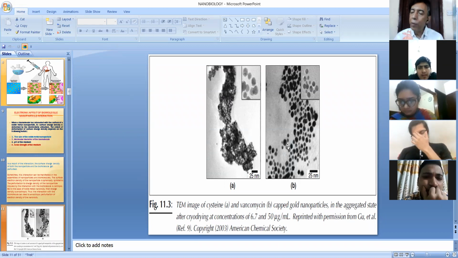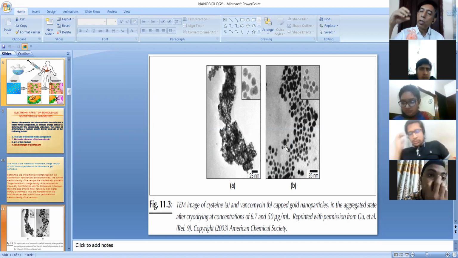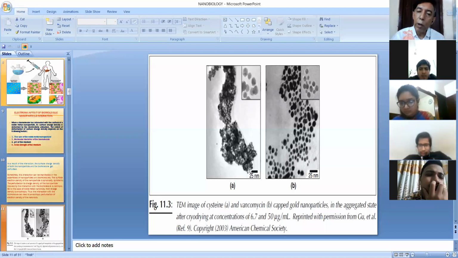To make a nanomaterial, you must keep them separated at nano size. If you agglomerate, it will be a bulk material. So the size of the biological molecule is also important. If the size of the biological molecule is small, the tendency of agglomeration increases.